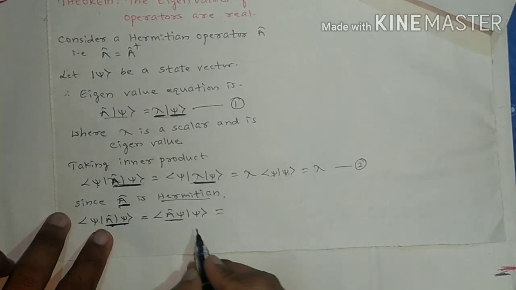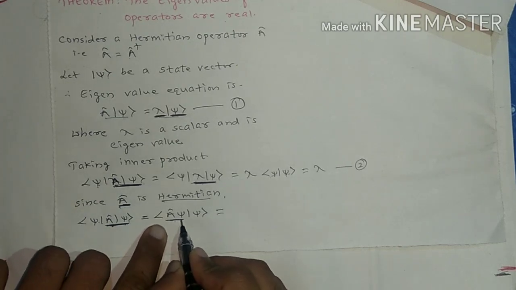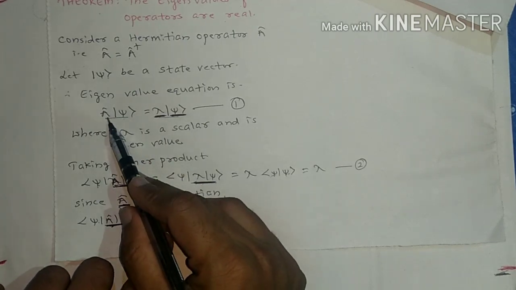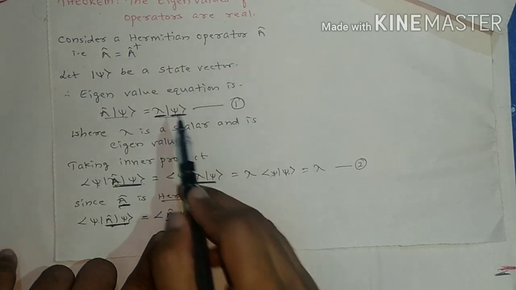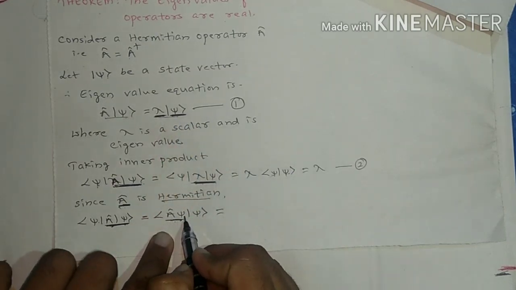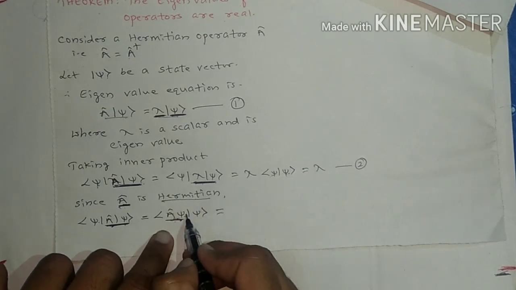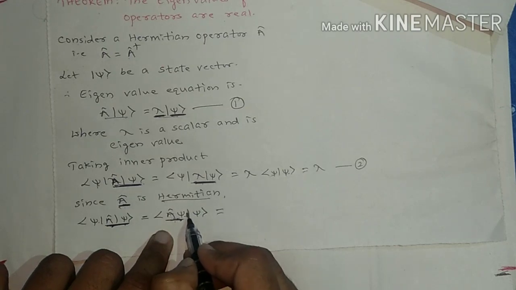Now if you look here, this is also an eigenvalue equation. Here A was operating on a ket to give lambda and the same ket. Here A is operating on the bra psi. So A can also be written this side; it has to be written here.